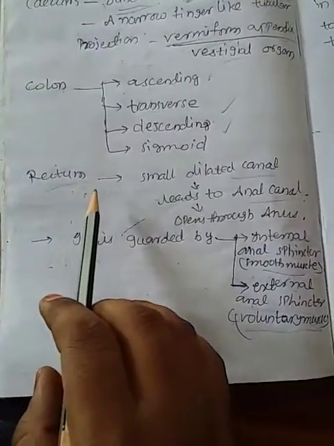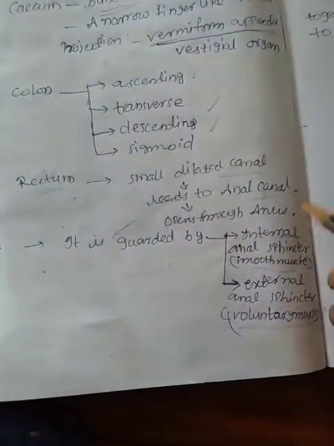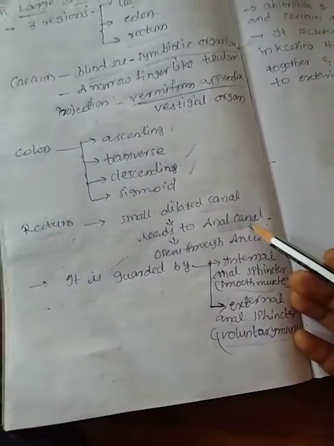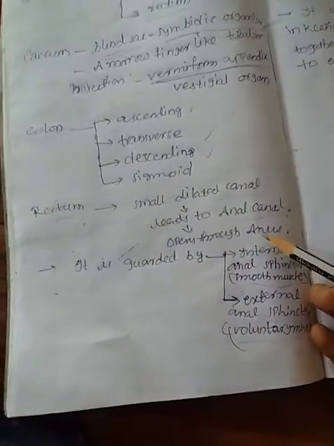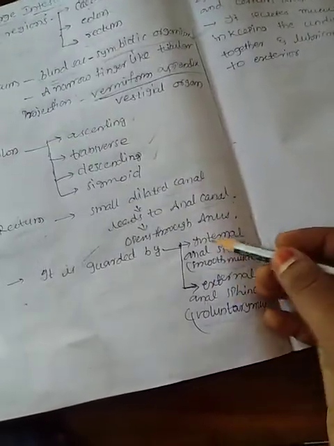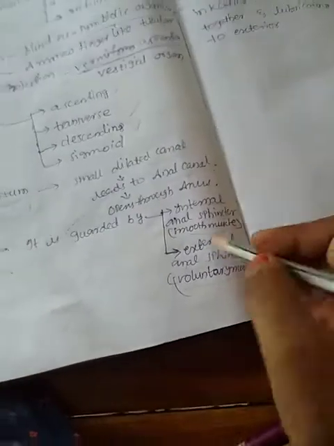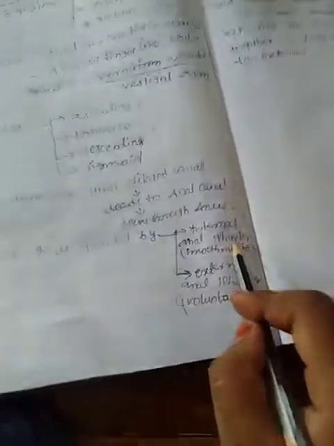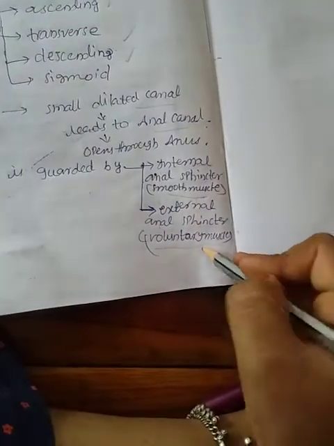Rectum is a small dilated canal, leads to anal canal and opens through anus. It is guarded by 2 types of sphincter: internal anal sphincter made up of smooth muscles, and external anal sphincter made up of voluntary muscles.